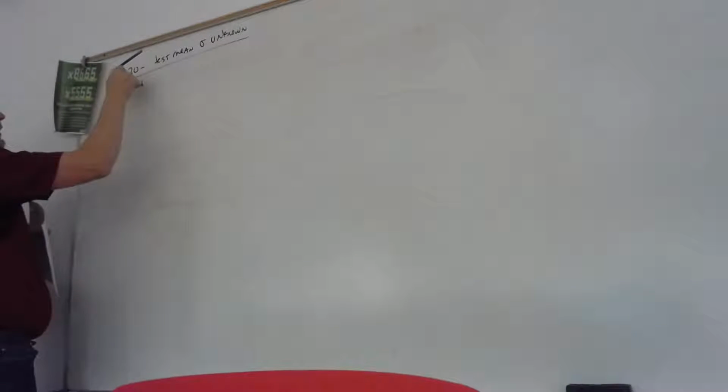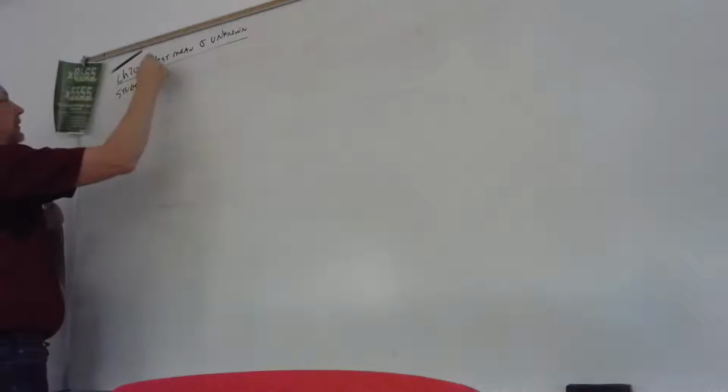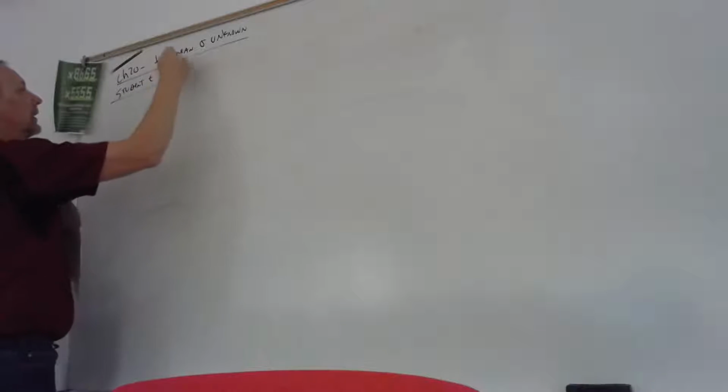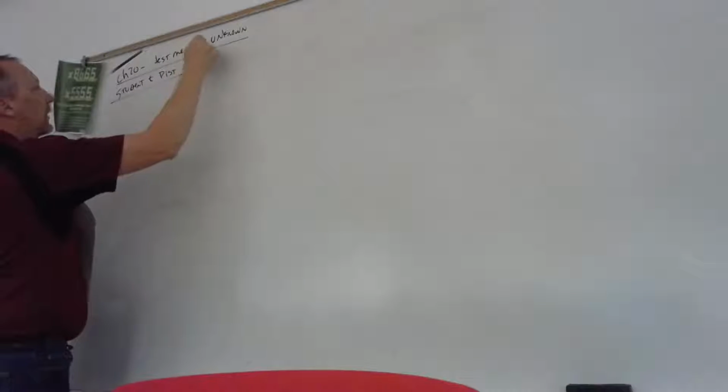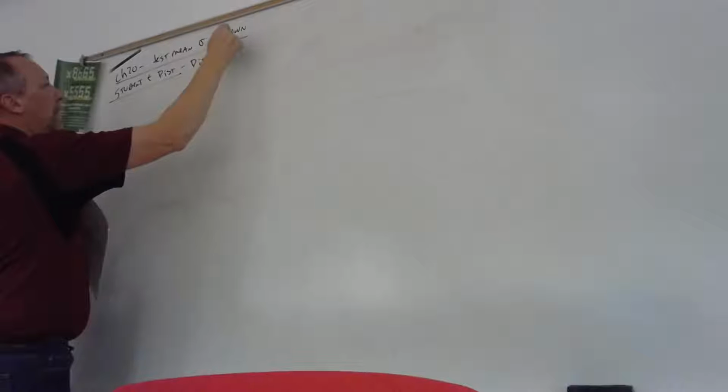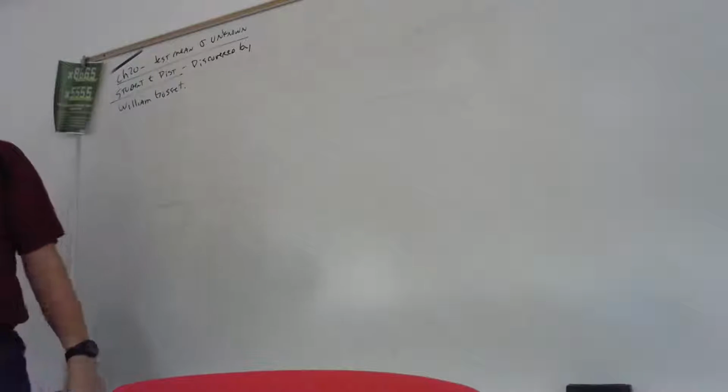So we're going to cover what we call the Student T distribution. Okay? It was discovered by a guy named William Gossett. Okay? He was an Irishman.